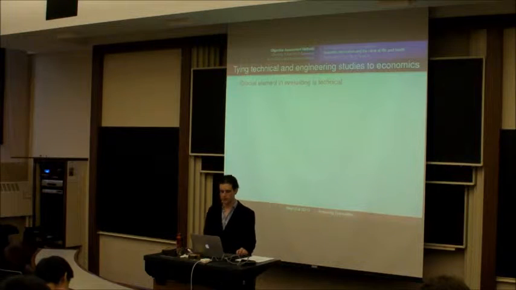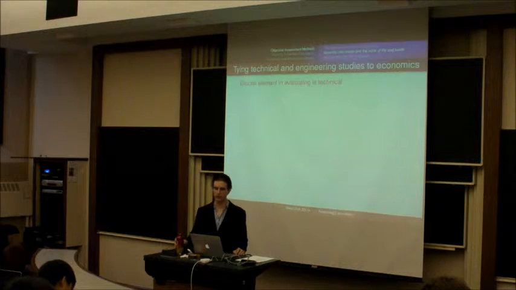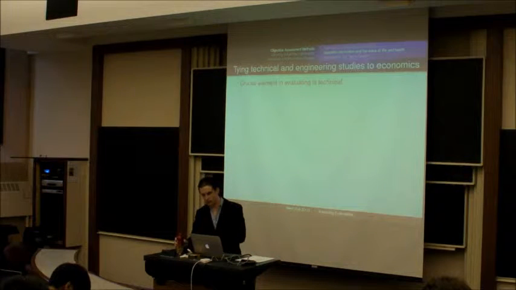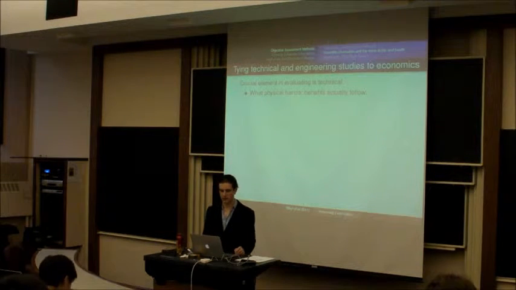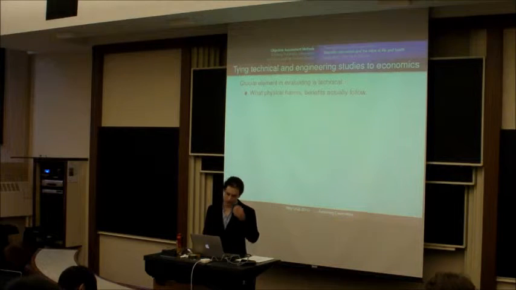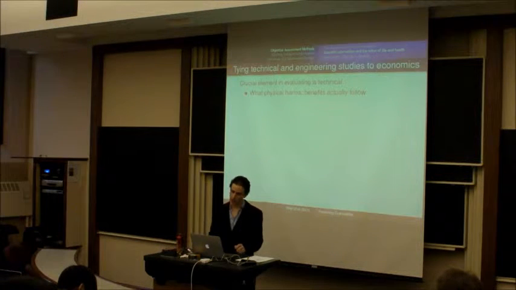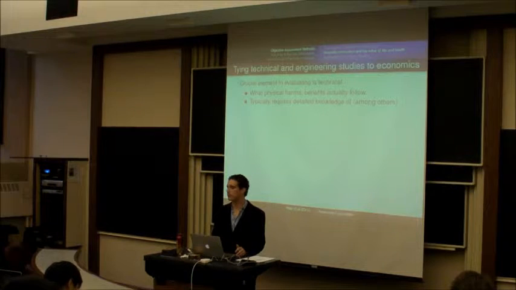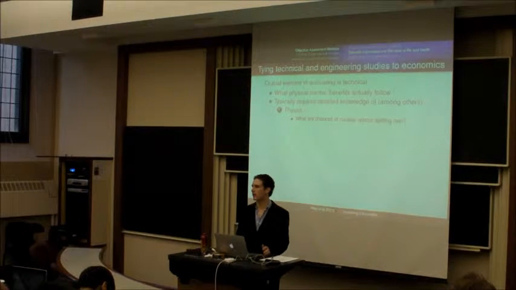Okay, so a crucial element in evaluating all this stuff is purely technical and scientific, and it asks us to think about what are the physical harms and benefits that follow from any given action that creates an externality. And this typically requires a detailed knowledge of a bunch of externalities of creating a nuclear plant somewhere.